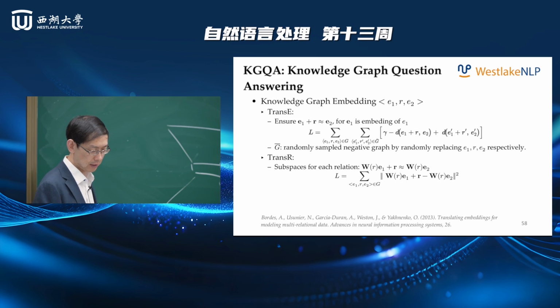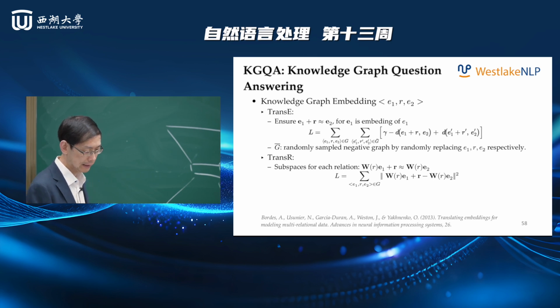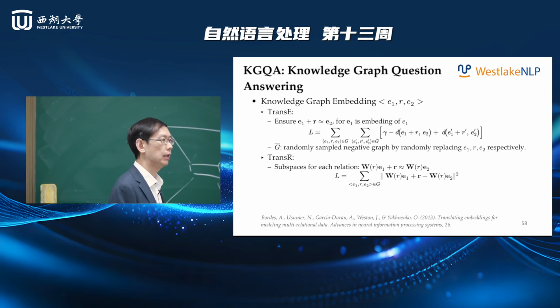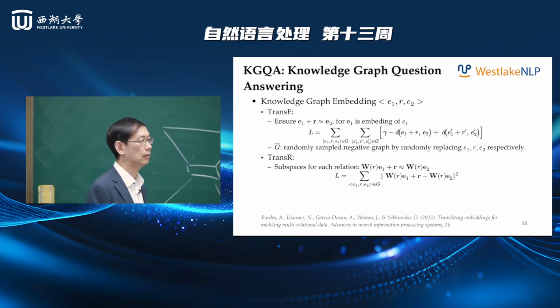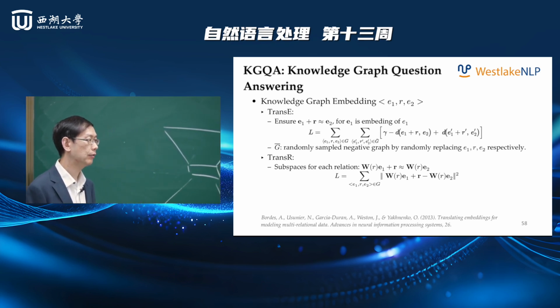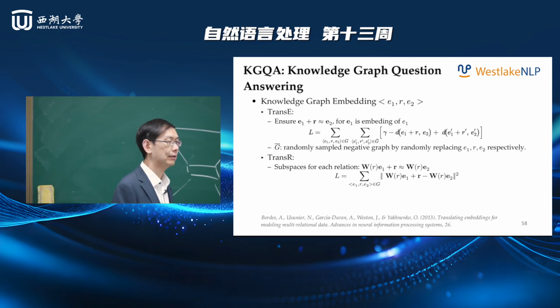So the idea can be translated into a formula, which is you have an embedding of every entity, okay, a vector E, and you have embedding of every relation, a vector R, okay.